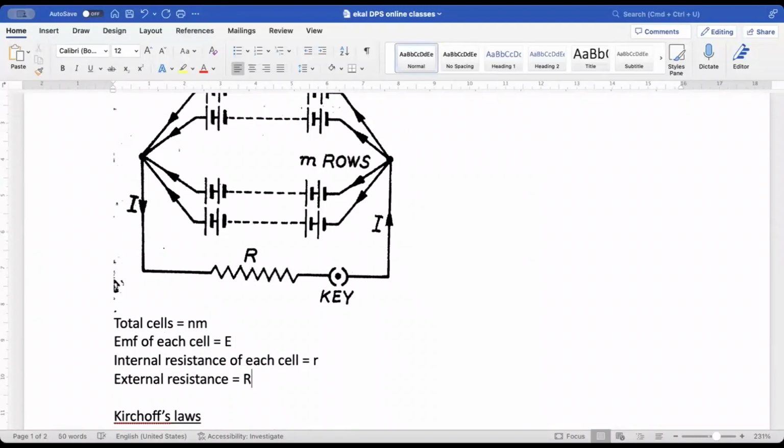Now, the total resistance of all the cells present in a series is nr, and m such series are connected in parallel.